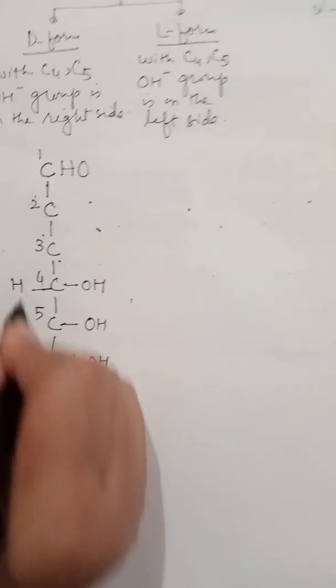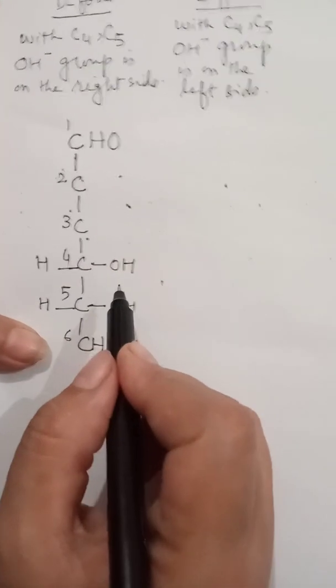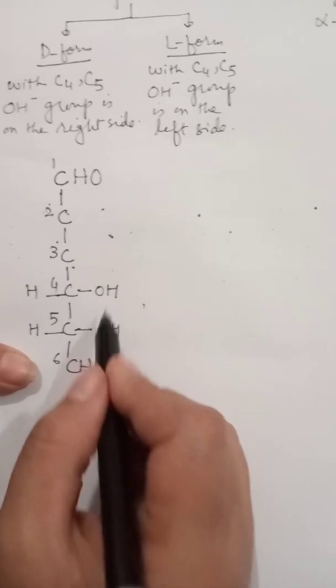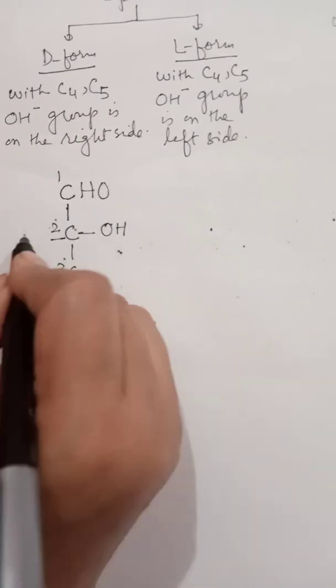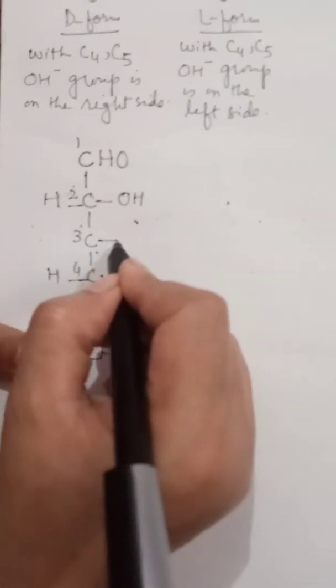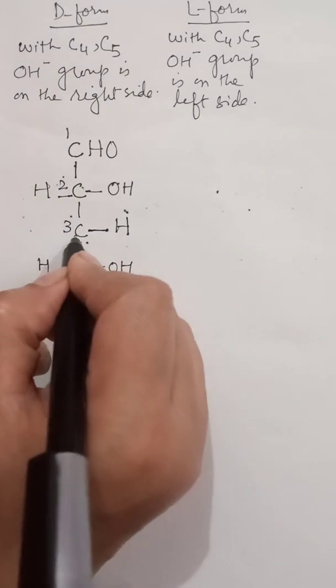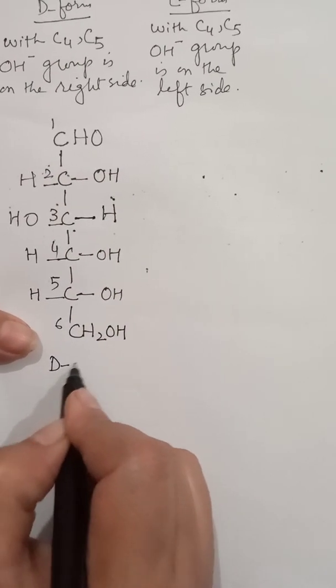So obviously on the left side there will be hydrogen. Please memorize this: when the hydroxyl group with carbon number 4 and 5 is on the right side, then with carbon number 2 its position will be the same, hydroxyl group on the right side and hydrogen on the left side. Only one carbon is left, so I will write hydrogen and hydroxyl group here. So this is D glucose.